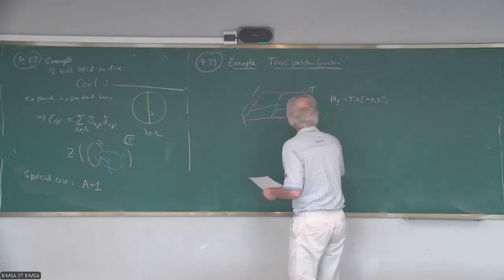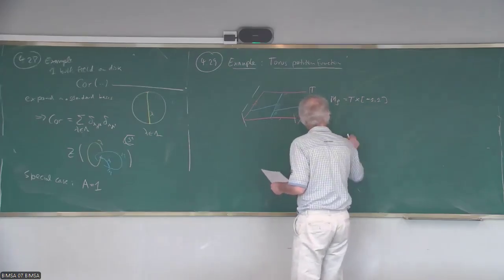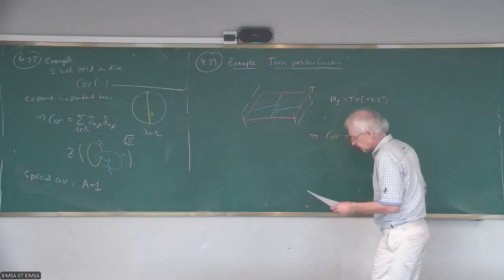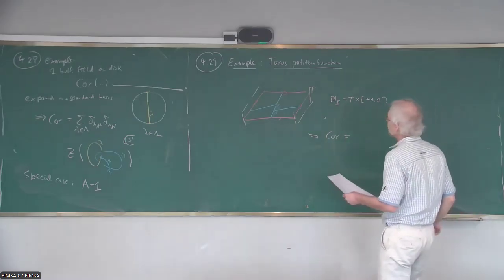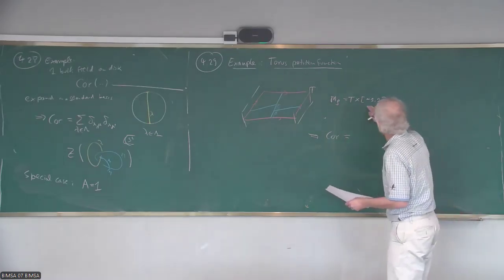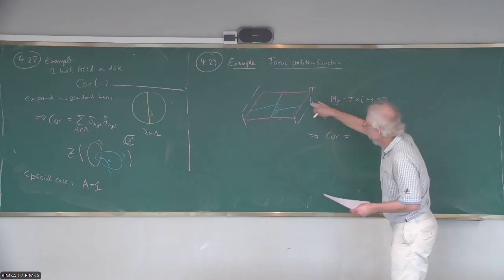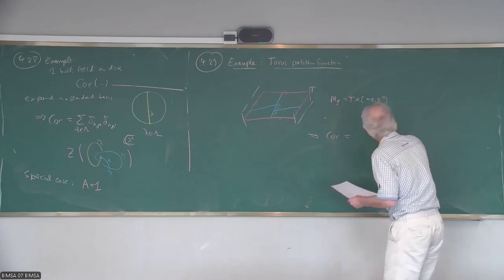And then you see that the correlator in this case can be described as follows. The interval times the torus I draw in the following way.